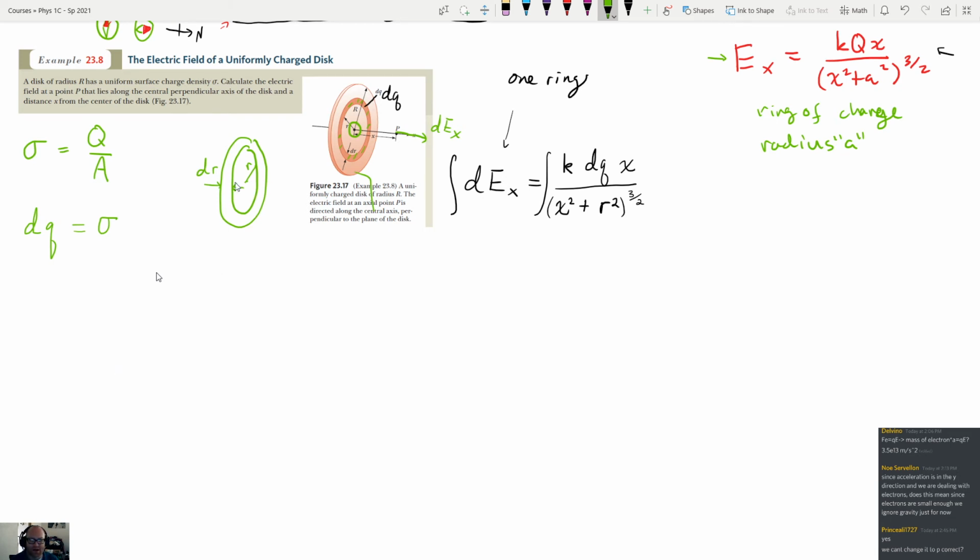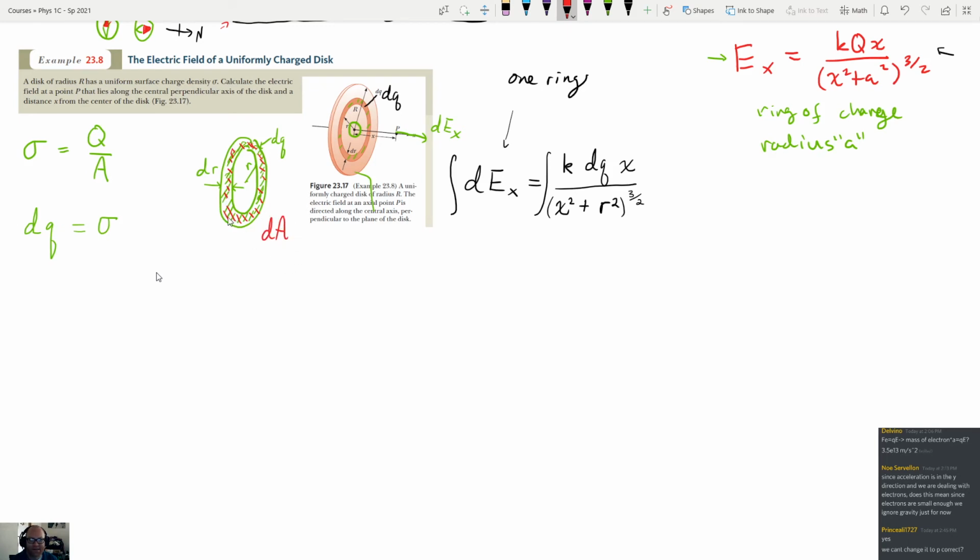So the ring that we're cutting out here, this is our ring. It has those dimensions, okay? It has a radius of little r and it has a thickness of dr. And then, of course, the whole thing contains a charge that we call dq. Type out what you mean by that. So what we'll do is say that the area that's in there, that area right here, I'm going to call that area dA.